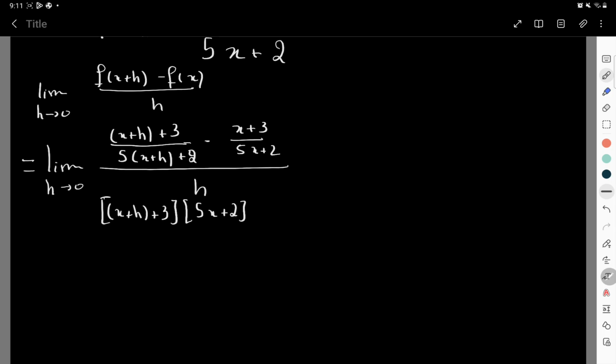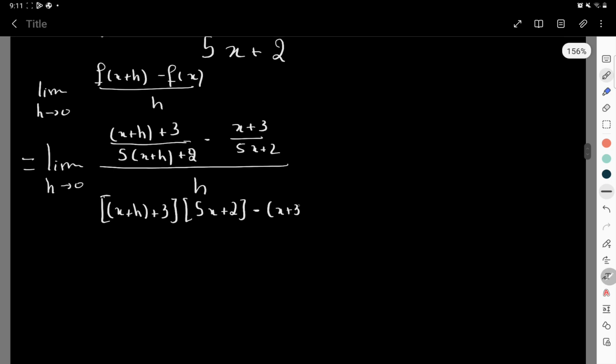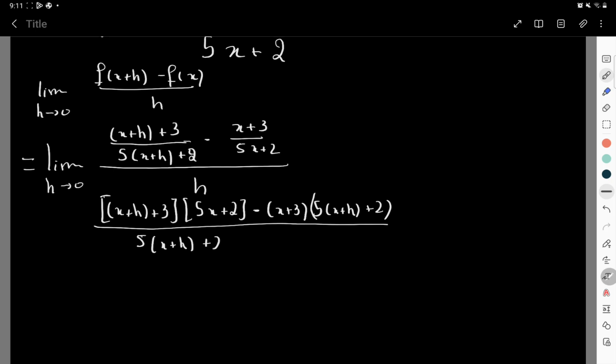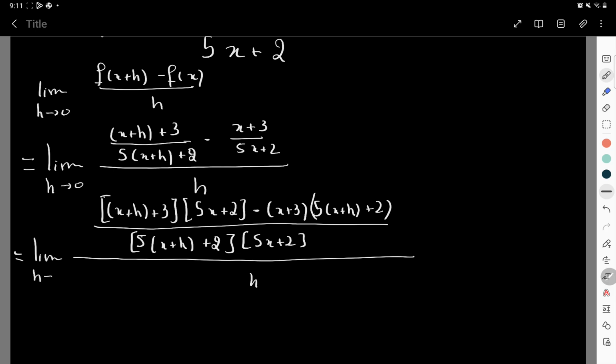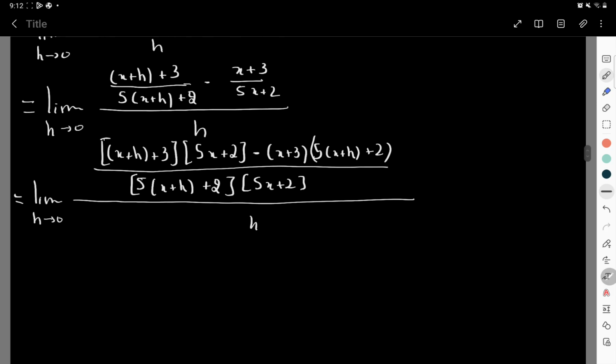Oh well, minus x plus 3 times 5 times x plus h plus 2, over 5 times x plus h plus 2 times 5x plus 2. All of that divided by h. Of course, I won't forget the limit. Very important. As h goes to 0.